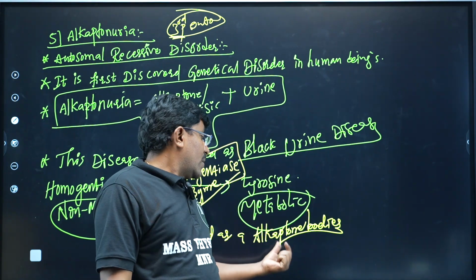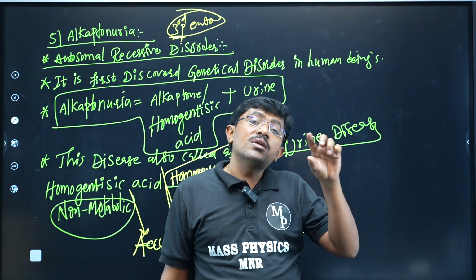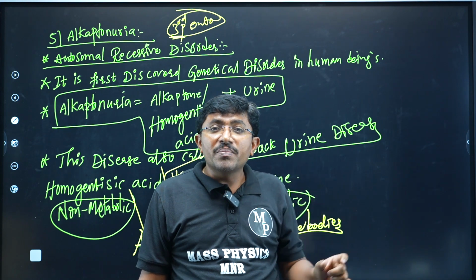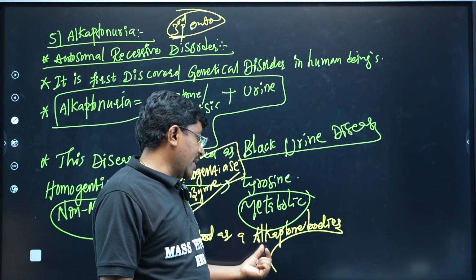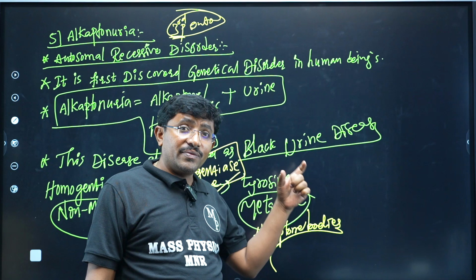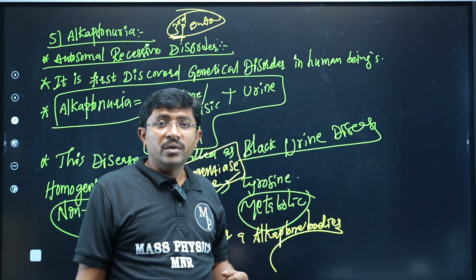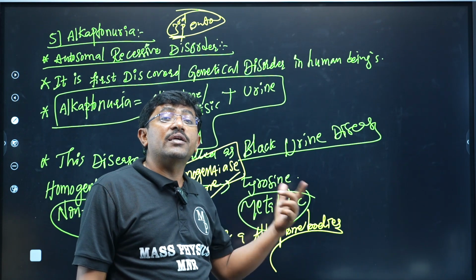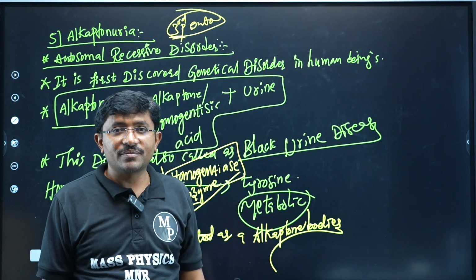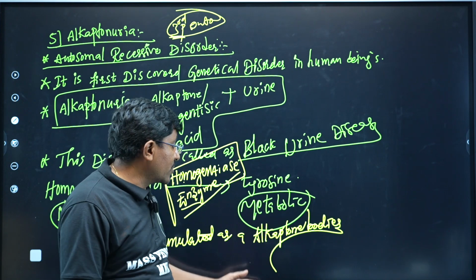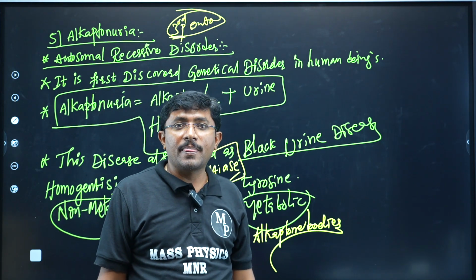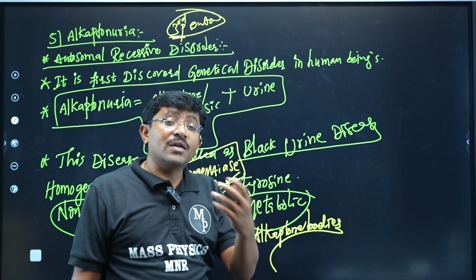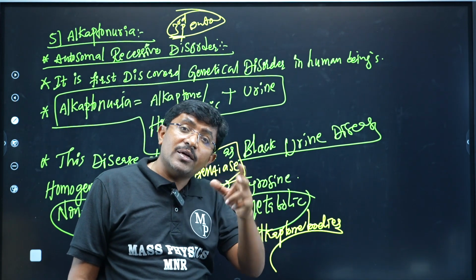Once the alkaptone bodies are released from the body along with the urine, within minutes they react with atmospheric oxygen molecules. Thereby the urine immediately turns black in color. That's why it is also called black urine disease. The main symptom is that after micturition the urine turns black.